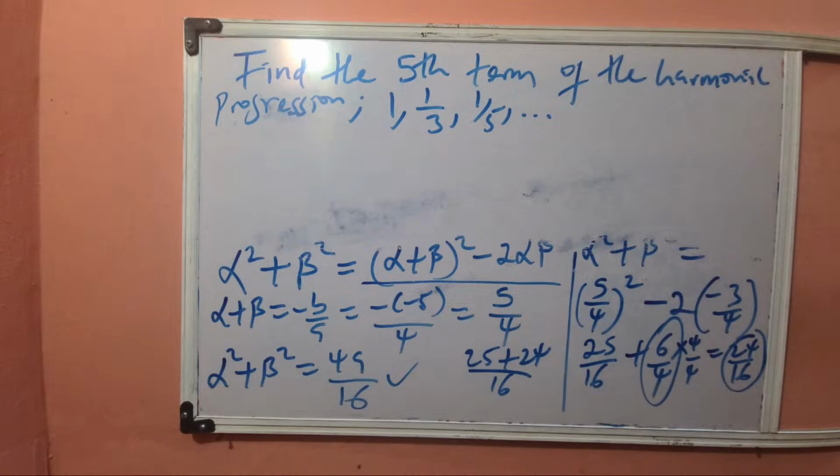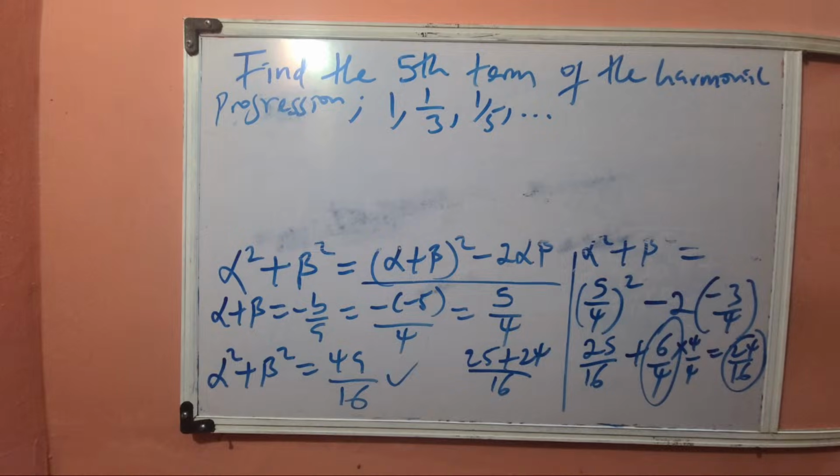Why are you guys writing 9? Okay, now that's better, that's better to see 1 over 9. Now, if you do the reciprocal of your harmonic progression, what you get is straight up an arithmetic progression.